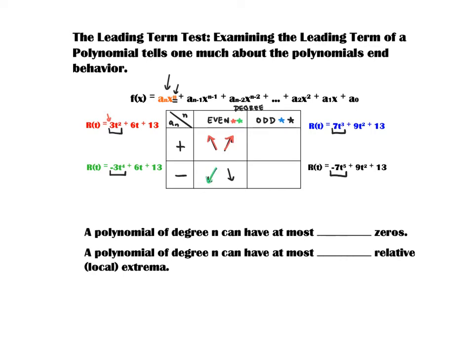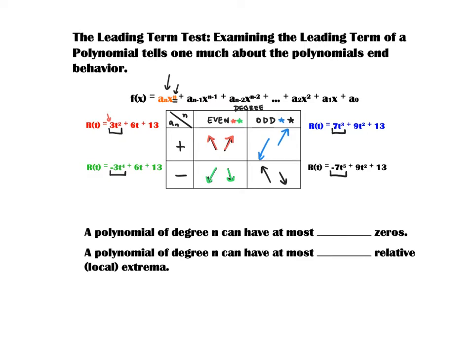And this for the green. If you have an odd positive, we will see down to the left, up to the right. And if we see a negative odd, we'll see up to the left, down to the right. That's called end behavior, right? There's a lot of stuff going on in between, but it's end behavior.